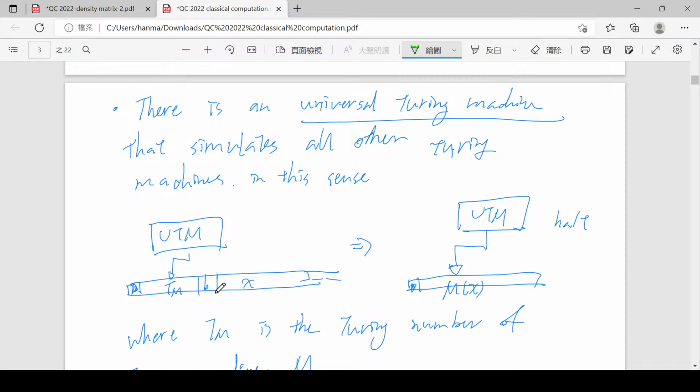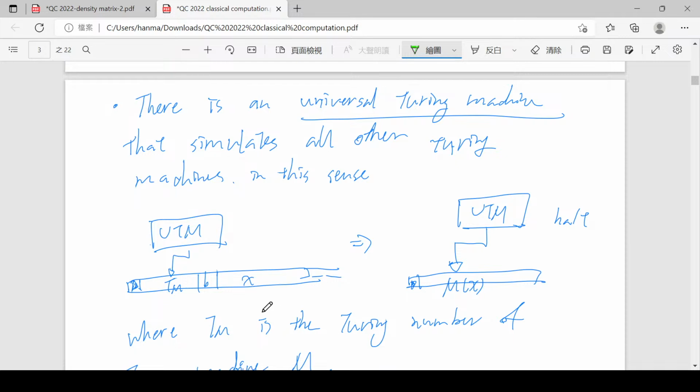Then you put a blank space. Then you put the input of whatever you want to calculate on this Turing machine. Then the universal Turing machine will hold if your Turing machine here holds on this input, and will write all the computation of this Turing machine on this input.